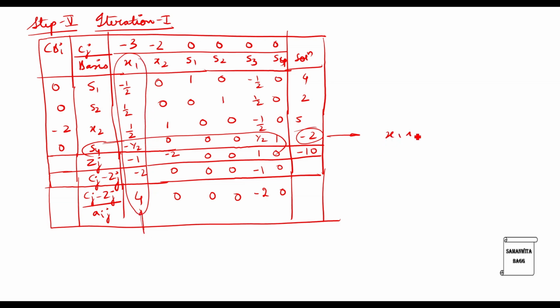So I'll write down x1 is the entering variable, and S4 is the leaving variable. I'll go for step 6, iteration 2.